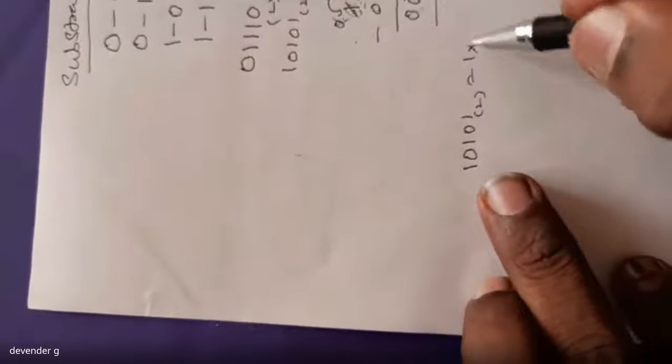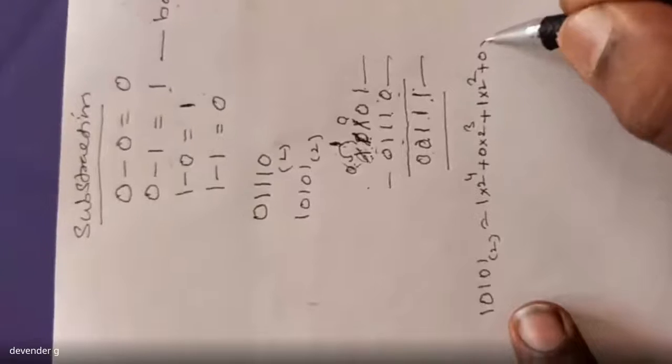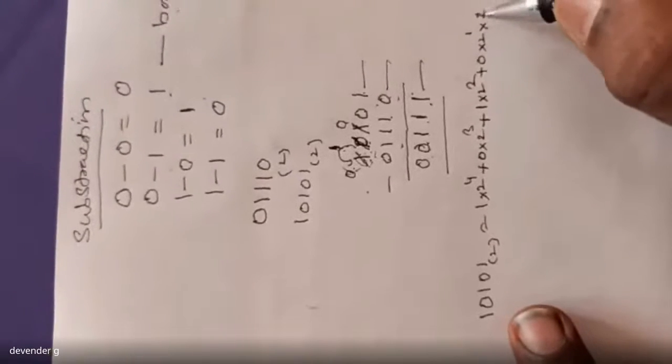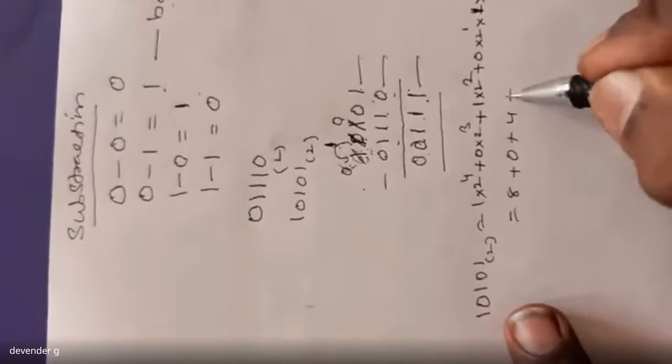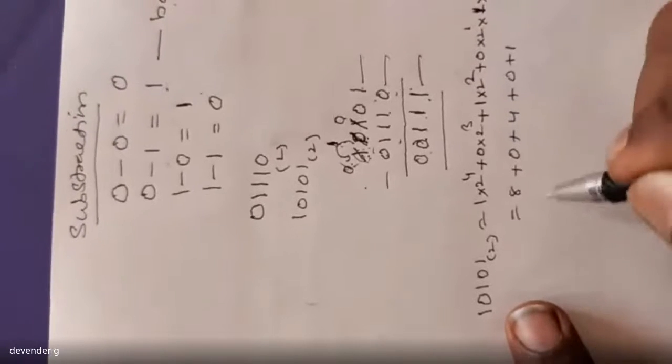So 1 into 2 to the power of 4 plus 0 into 2 to the power of 3 plus 1 into 2 to the power of 2 plus 0 into 2 to the power of 1 plus 1 into 2 to the power of 0. So 16 plus 0 plus 4 plus 0 plus 1. So this becomes 21.